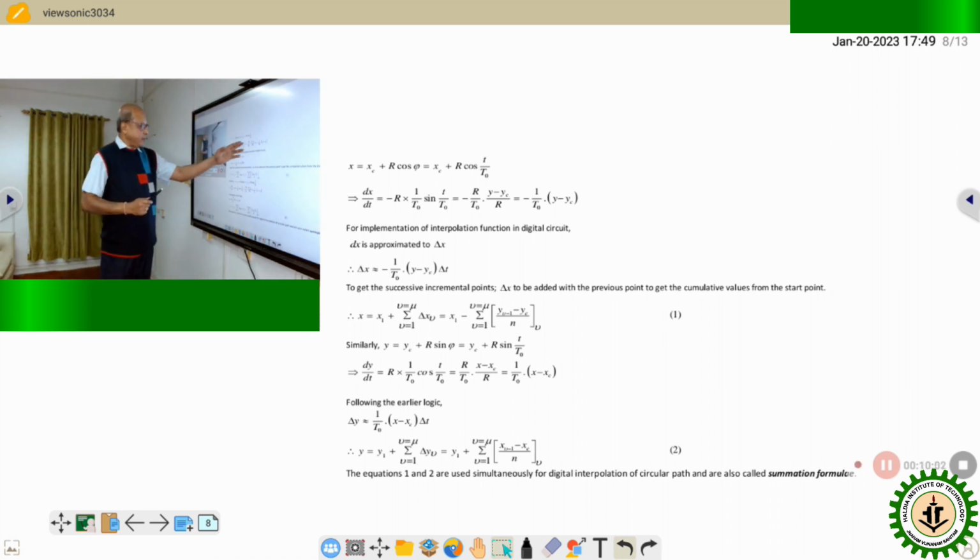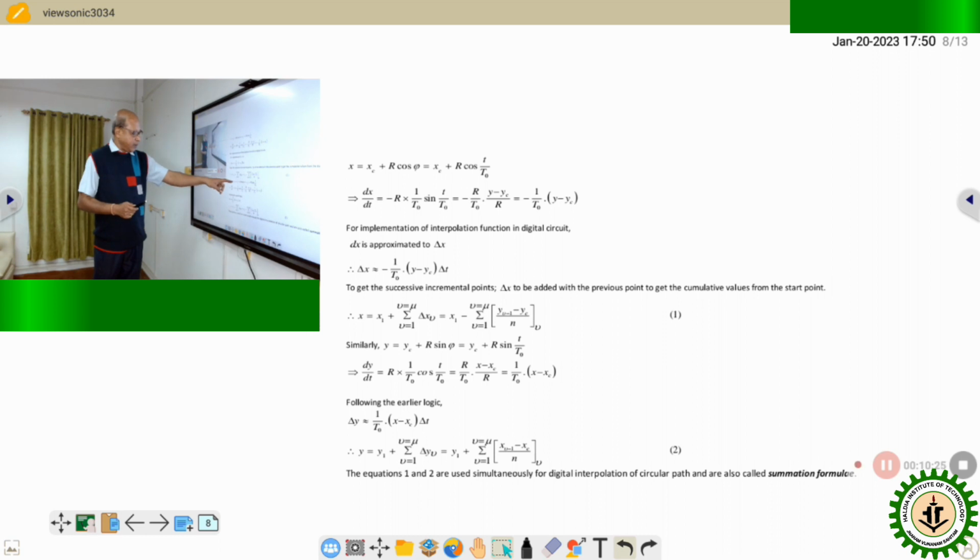So if we take minus r by T0 as a single unit, and this sin(t/T0), once again from the geometry, if we look at this particular expression, y equal to y_c plus r sin phi, the way we considered x equal to x_c plus r cos phi.